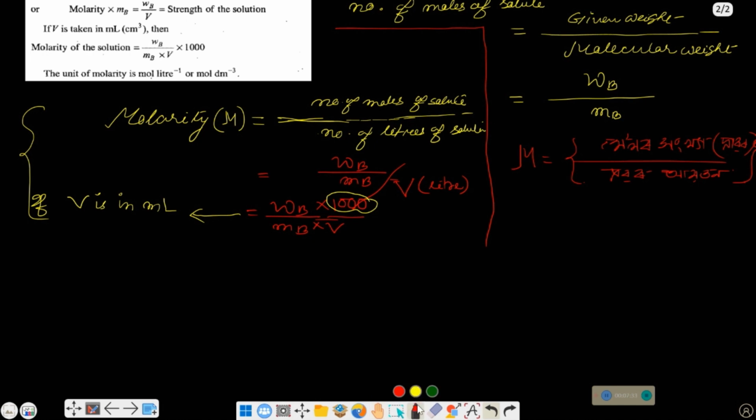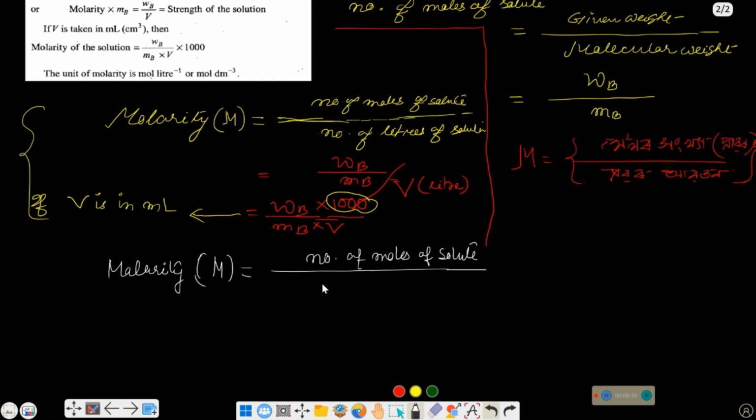Next, what more can we say from this? From this we can write more relations, and these relations are very important. Molarity, which is written as capital M, is equal to the number of moles of solute divided by the number of liters of solution, which is equal to WB, weight of the solute, divided by MB.